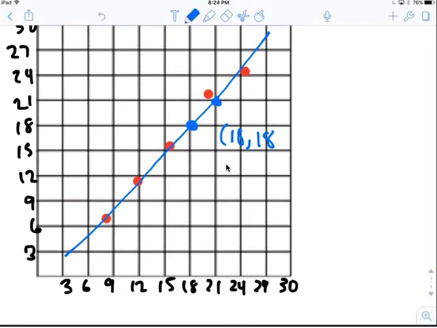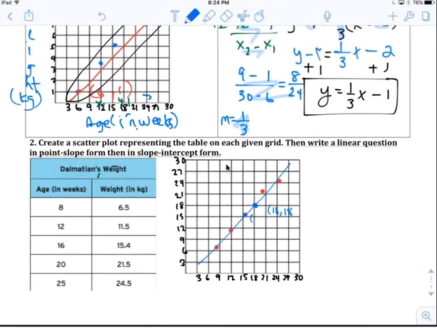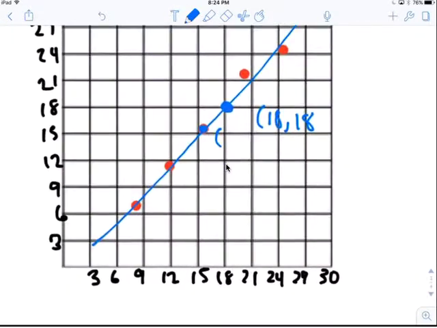Let's say you choose this one right here. What's that number? 16 and 15.4?